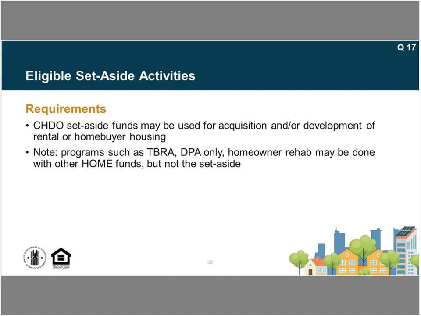These are programs, they're not really development projects. They're only providing funding or financing for things. And so those aren't considered eligible. Those are a category of activities that a nonprofit might be doing for you as a subrecipient, but not as a CHDO.